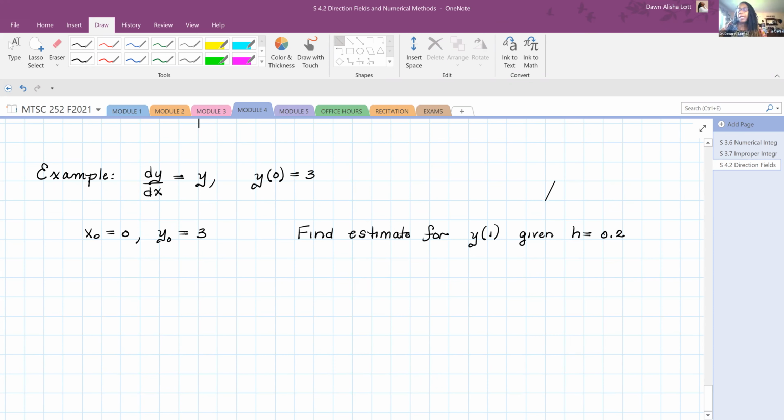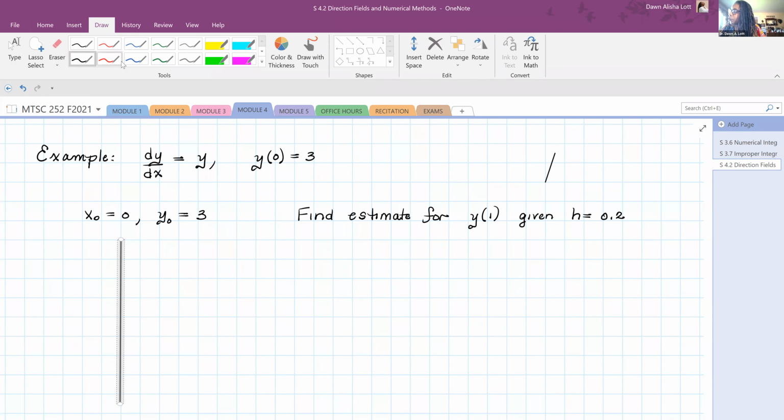So I already know I can draw this. Here's x naught. x naught starts off at 0, then we're going to have 0.2, 0.4, 0.6, 0.8, and then 1.0.